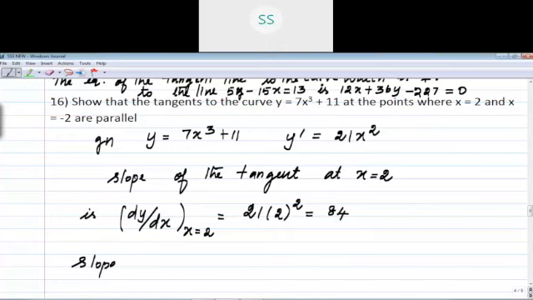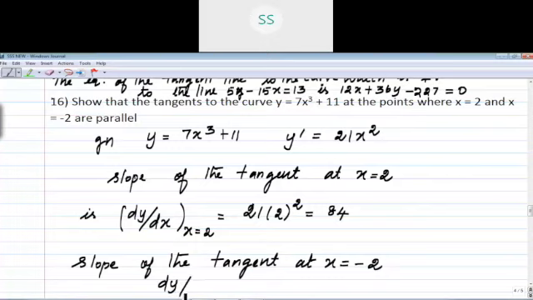Next, slope of the tangent at x is equal to minus 2.